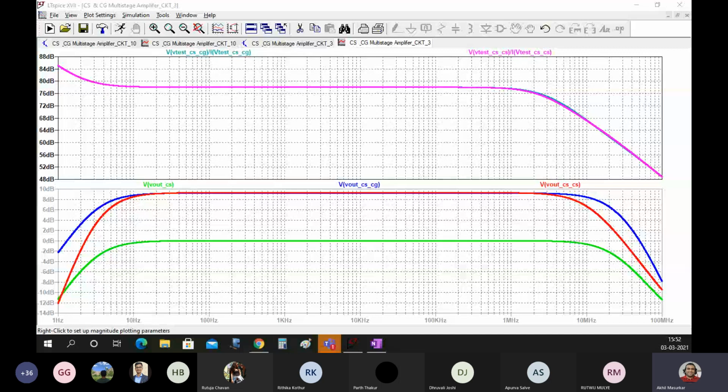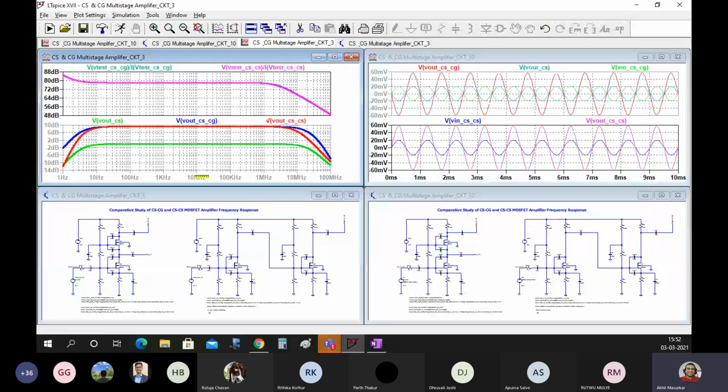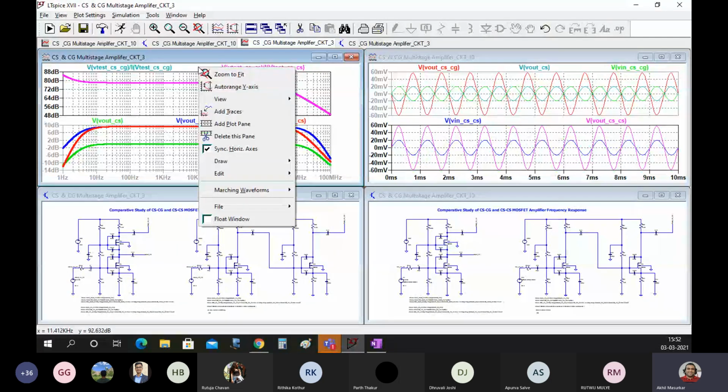Now I have plotted input impedance as well.